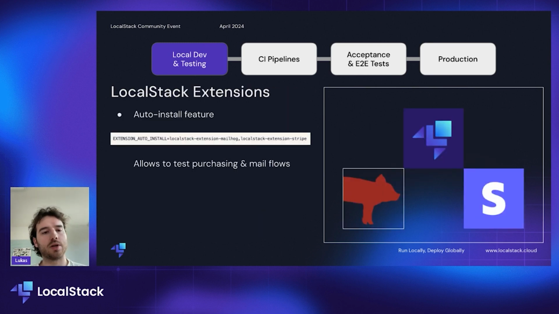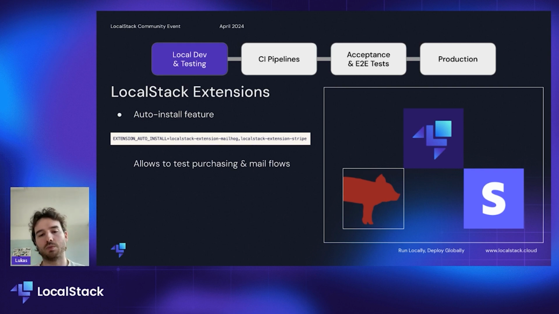But there's more: LocalStack extensions, for example. We use them with the auto install feature, that's started with extension auto install. And we use both the Mailhog and Stripe extensions, quite extensively so, because they allow us to test purchasing flows and also mail flows. So in the previous example, you saw me make asserts against the mail server.